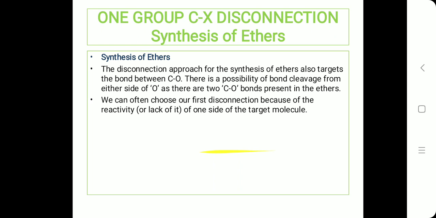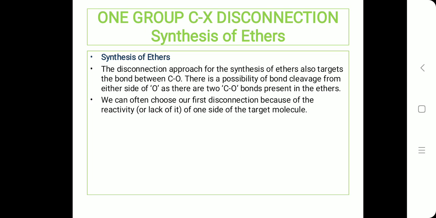Next, moving on to the synthesis of ethers. See, synthesis of ethers is also another example of one group C-X disconnection. Here, the disconnection approach for the synthesis of ethers also targets the bond between C-O. There is a possibility of bond cleavage from either side of oxygen, as there are two C-O bonds present in ethers.